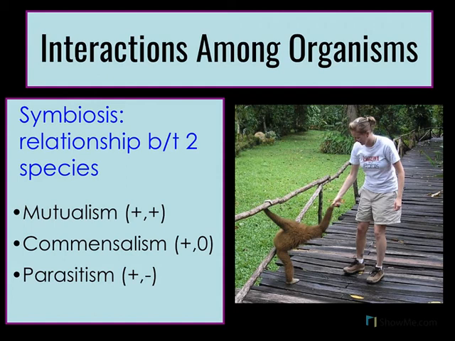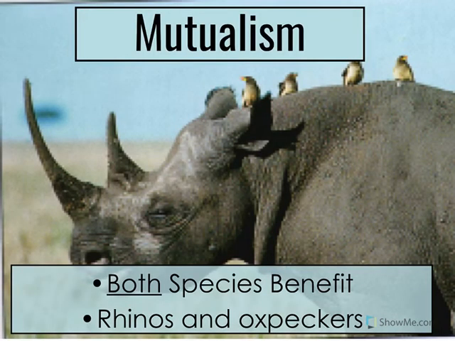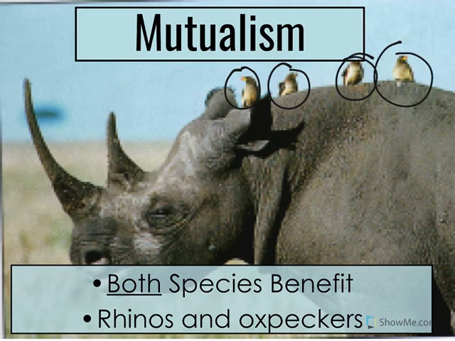So let's take a look at these terms that describe how organisms interact with other organisms or species. We have mutualism, commensalism, and parasitism. Mutualism is describing an interaction between species where both of them have some kind of positive impact or benefit from the interaction. So here we have oxpeckers on top of a rhino.